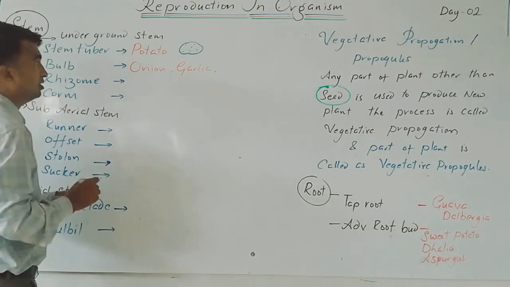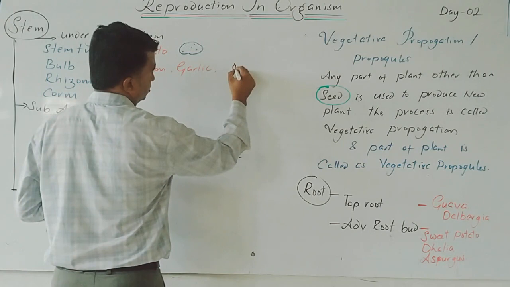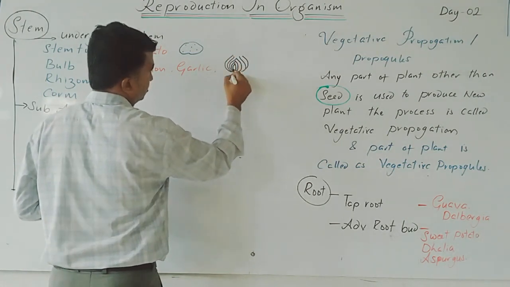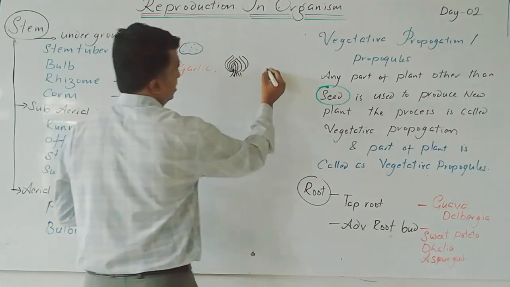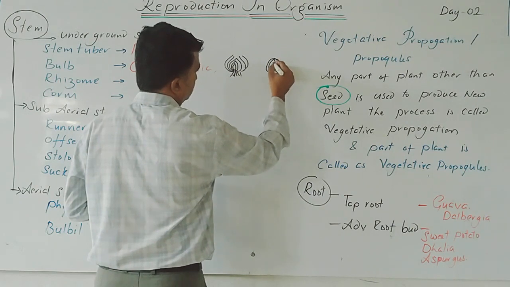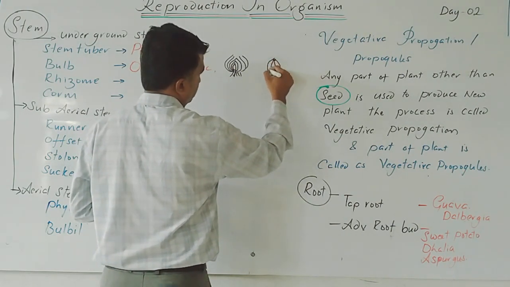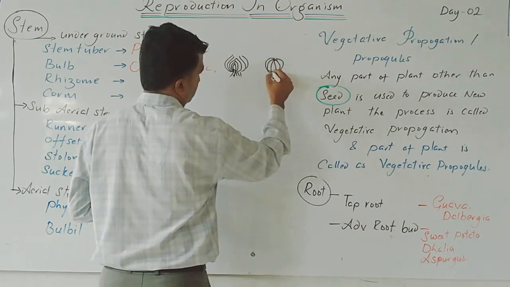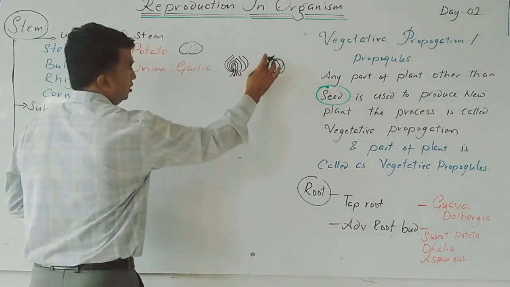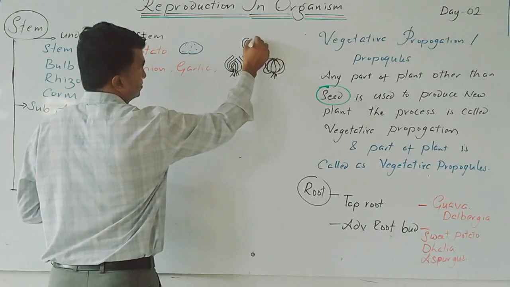The difference between the onion and garlic is that the onion is like this. It has fleshy leaves in this arrangement, and these are the roots. And when you take the garlic, it has many scales. If you cut this onion, you will get concentric rings like this.